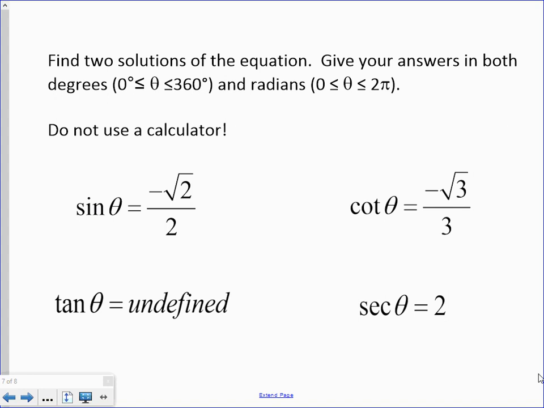So it can't be quadrant 1. It can't be quadrant 2. The sine is going to be positive there. That means you do quadrant 3, and then 5 pi over 4 and 7 pi over 4.